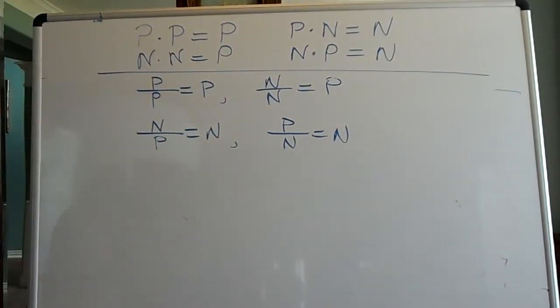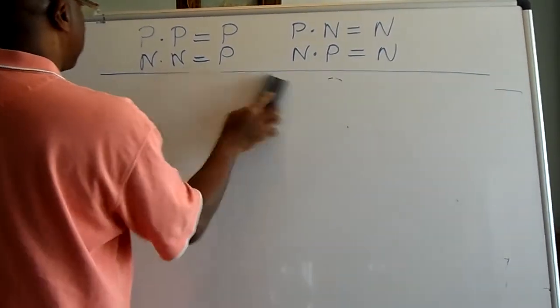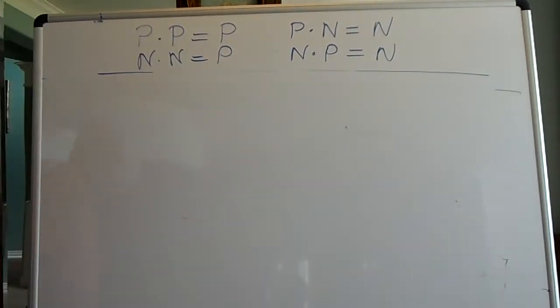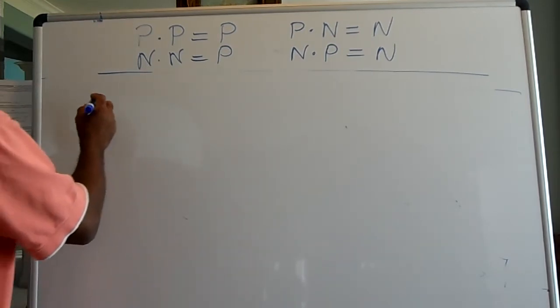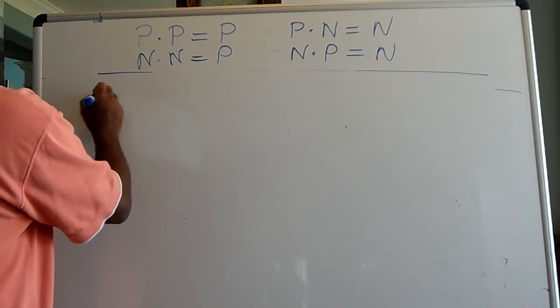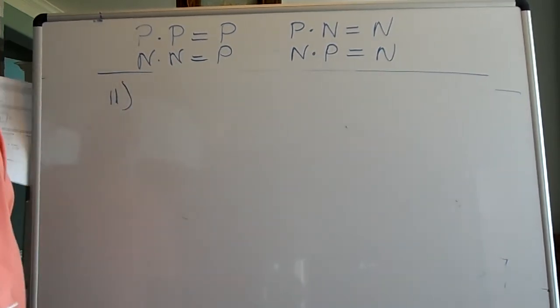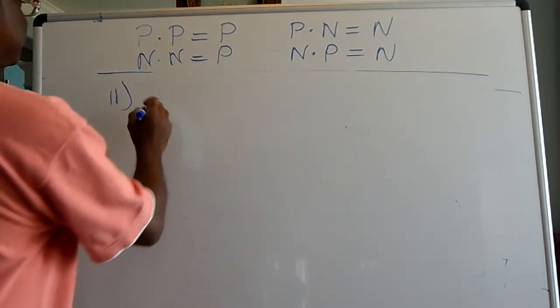Okay, let's go to number 11 now. 11 is a problem in which we're asked to do some evaluating. We have this thing called a polynomial. It says number 11, evaluate when x is negative 6.